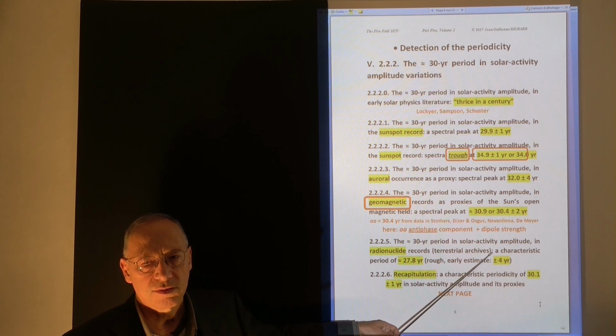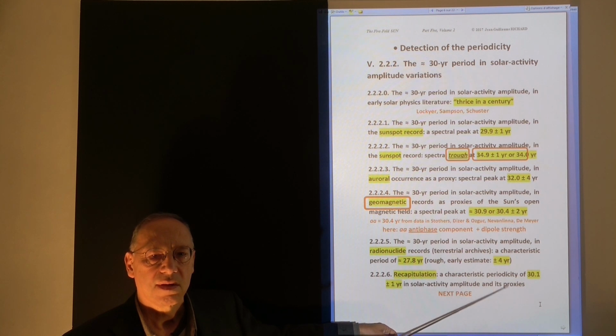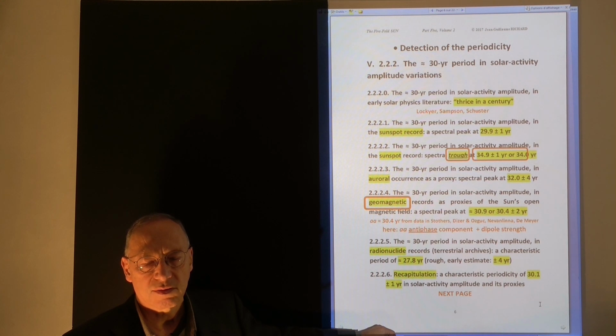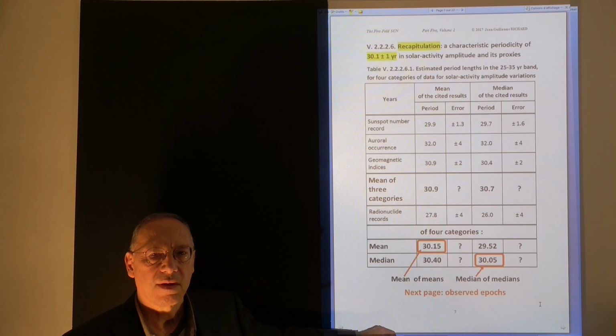In radionuclide records, we have also this rough estimate of about 28 years. All in all, we find 30.1 years as a realistic central value.